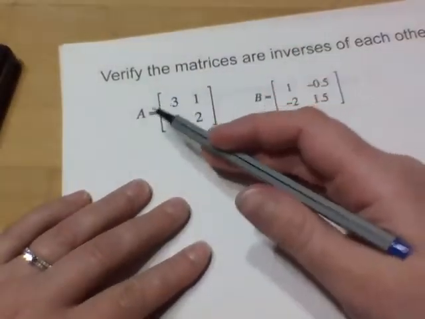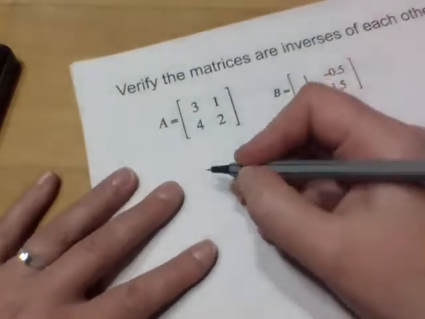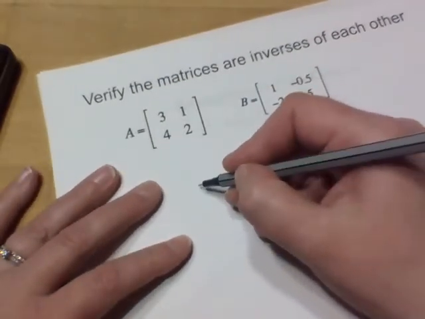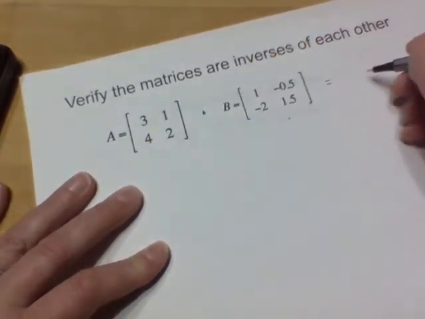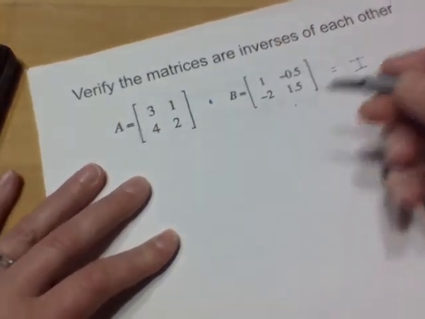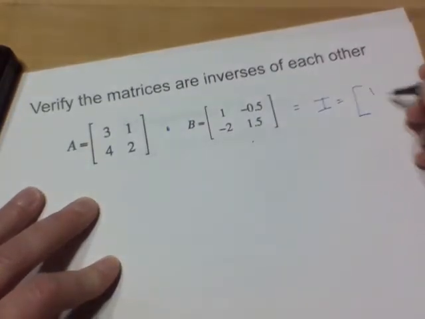So the first thing here is going to take this row by each of these columns. So again, we're trying to see if we get the identity matrix. So hopefully A times B is going to equal the identity matrix, which is going to be 1s on the diagonal and 0s.